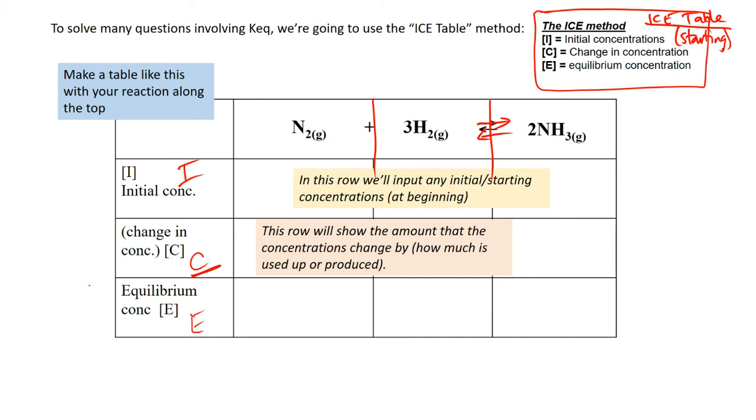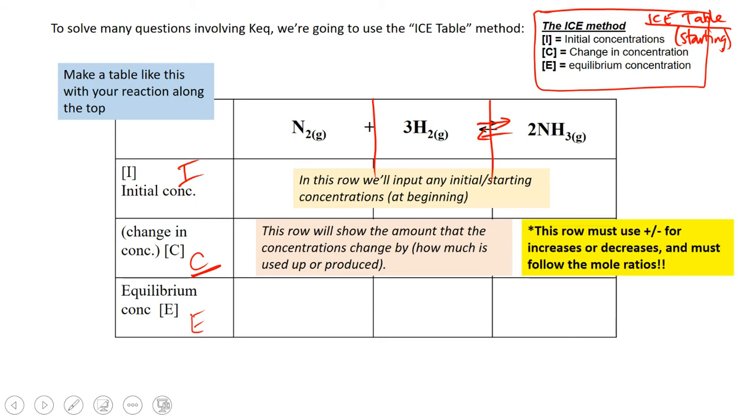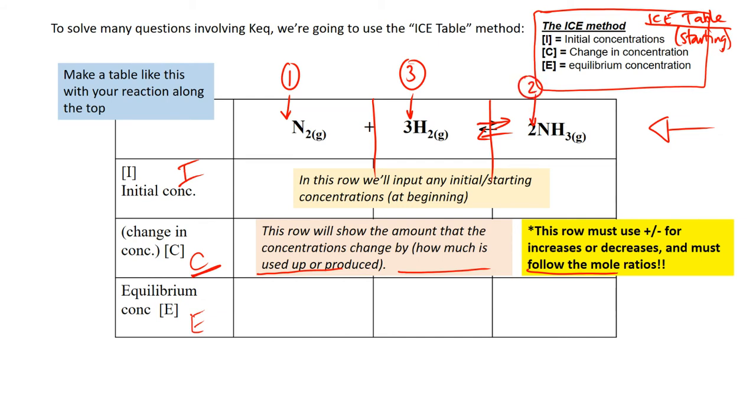This row is a really important one because when things are changing, that's when your reactions actually happen. So it's really important that the numbers in this row obey the mole ratios in your equation. Okay. So for example, in this example, I know that the numbers in these three boxes, whatever they are, must follow this 1 to 3 to 2 ratio to each other, okay?